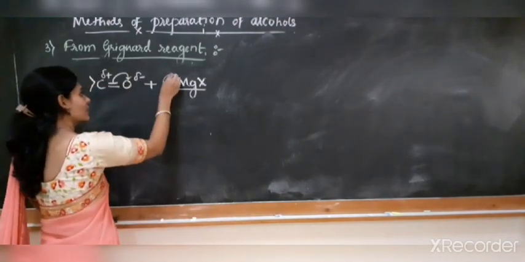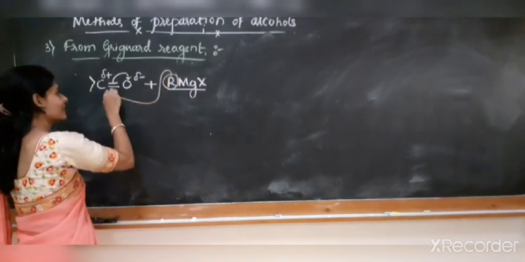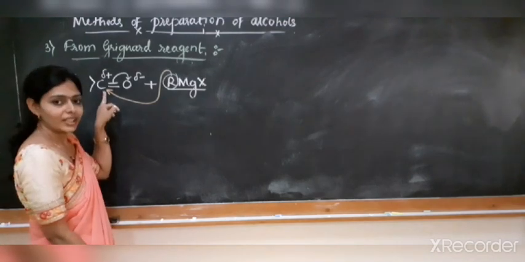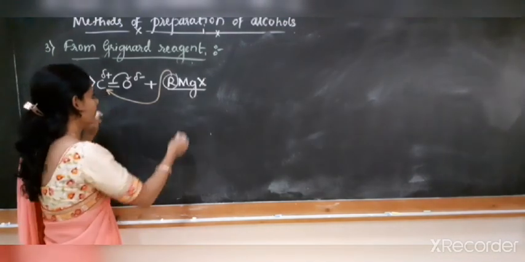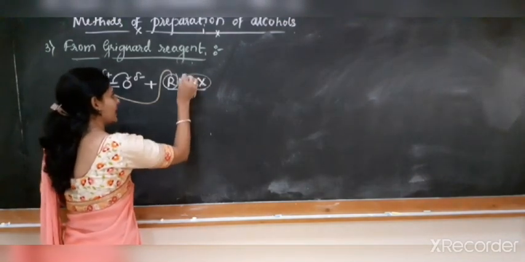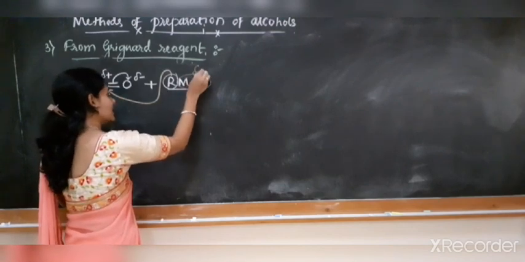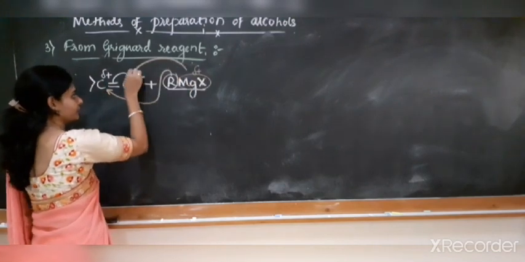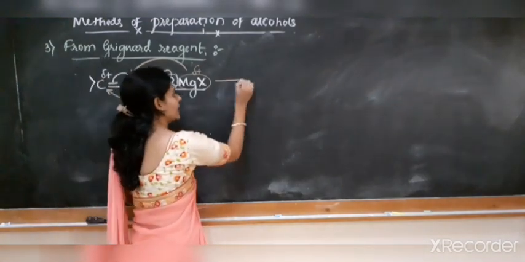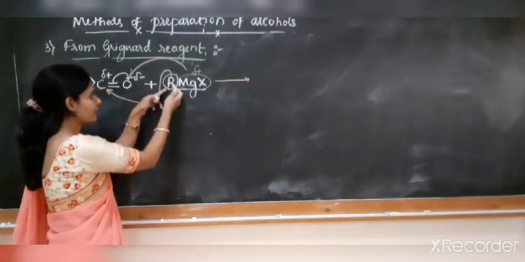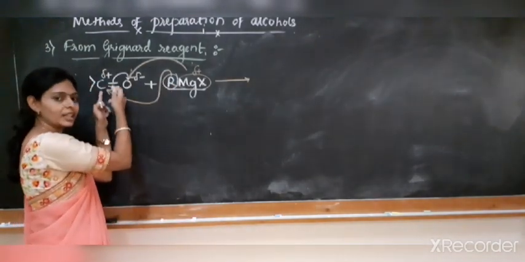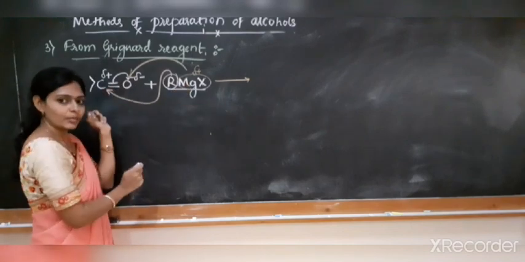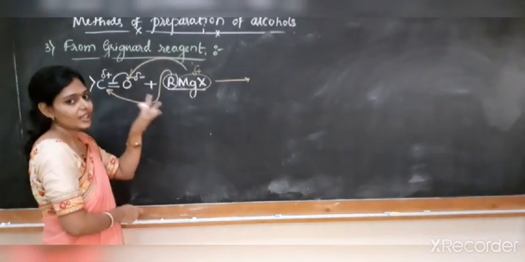So this goes and attacks the electron deficient carbon. And the remaining part, which is electron deficient, attacks the oxygen. So you get an addition product. The nucleophile first goes and attacks across the multiple bond, so it is a nucleophilic addition reaction.